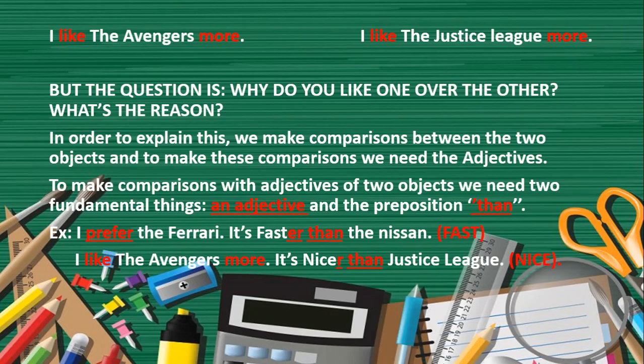And we place than after the comparative form of the adjective. Okay? So it's nicer than Justice League. That is why I like the Avengers more, because it's nicer than Justice League, right?